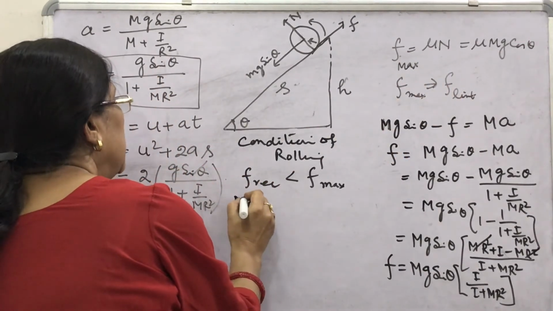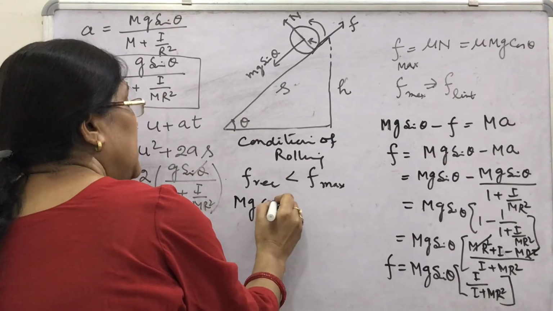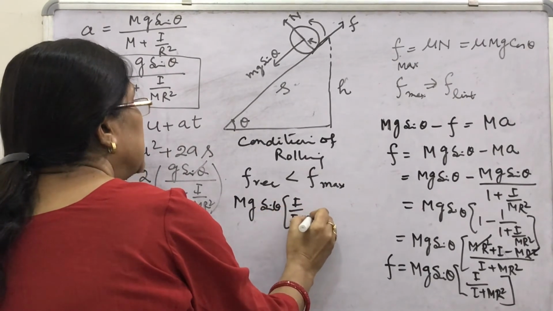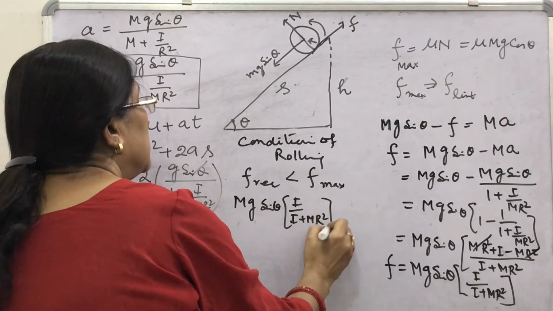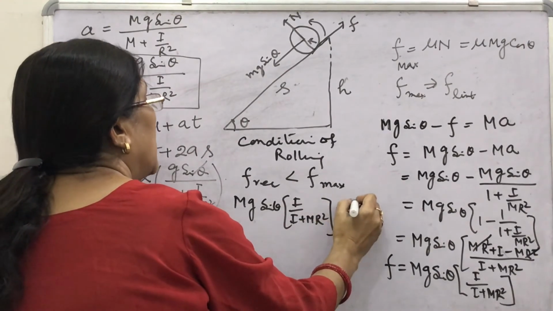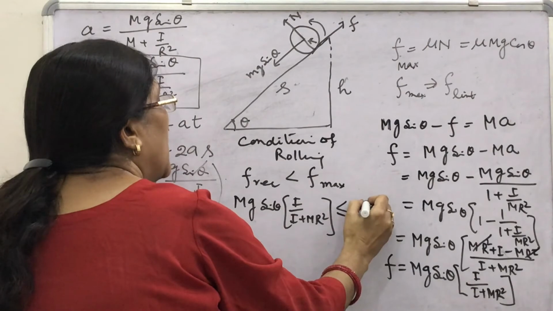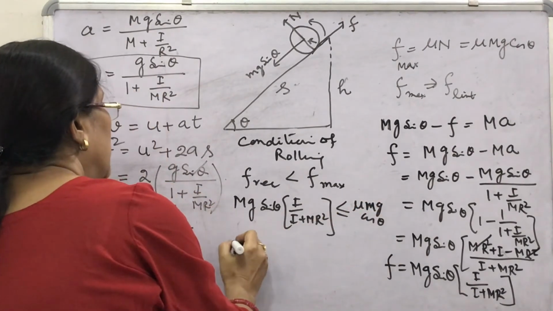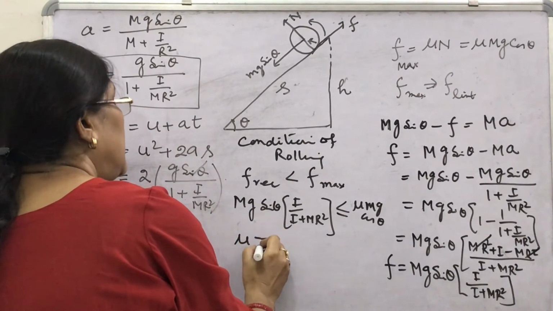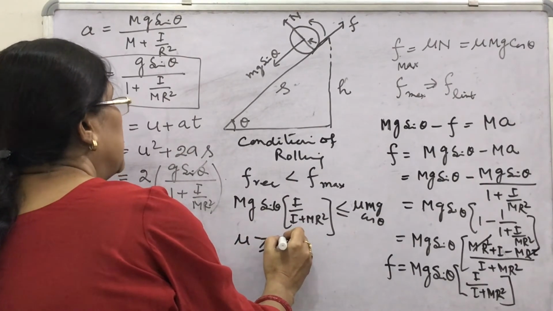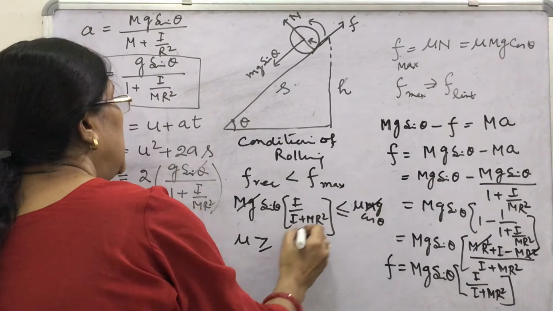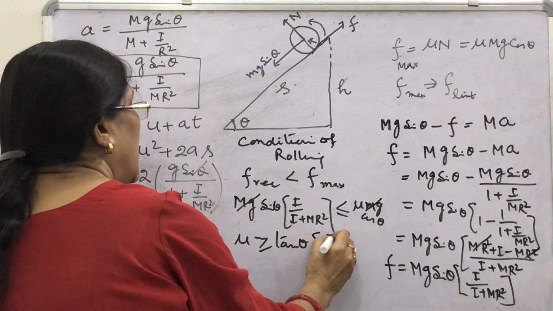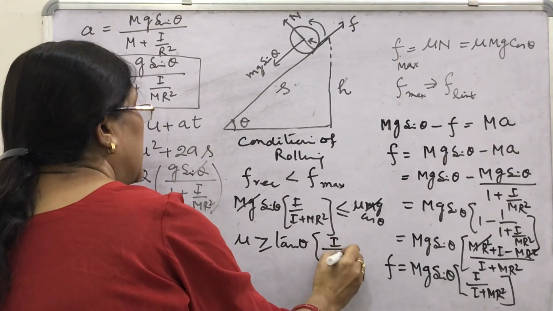So if you write mg sin theta into I upon I plus mr square, this should be less than or equal to mu mg cos theta. Then what will be mu? Look here, mg and mg cancel. This is tan theta into I upon I plus mr square.